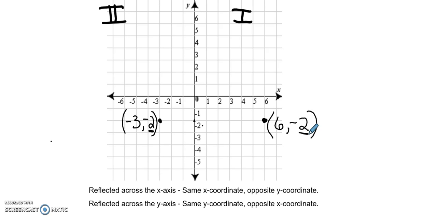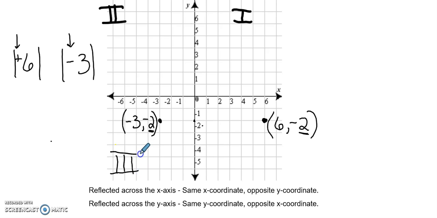I'm going to take the other 2 points. I'm going to take the one that has the larger digit. So I'm going to take 6 first, and I'm going to find the absolute value of 6, and then I'm going to find the absolute value of -3. Because they have 2 different signs, this is +6 and this is -3, that tells me that they're in 2 different quadrants.